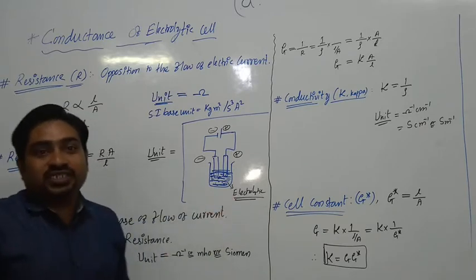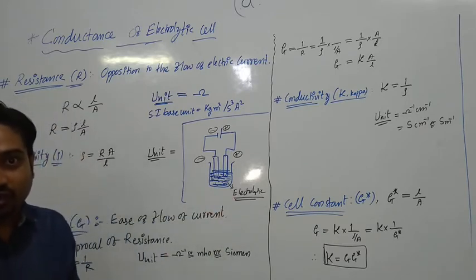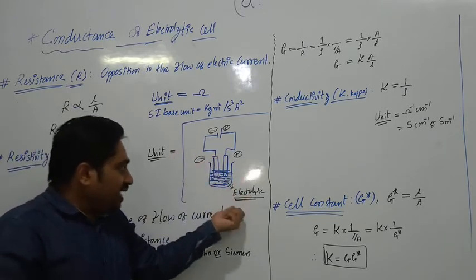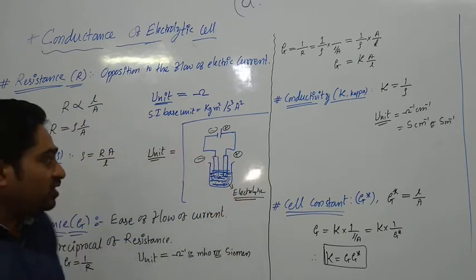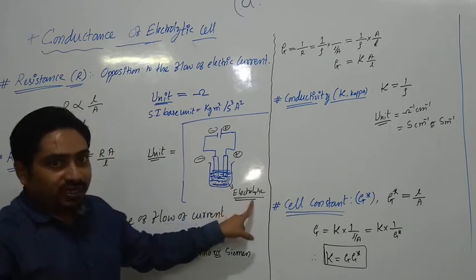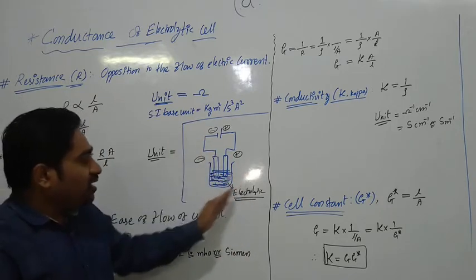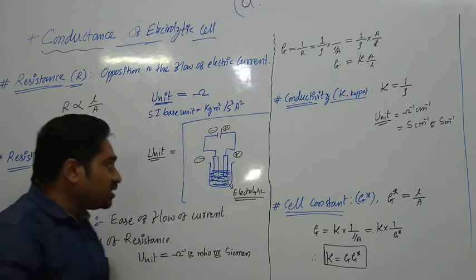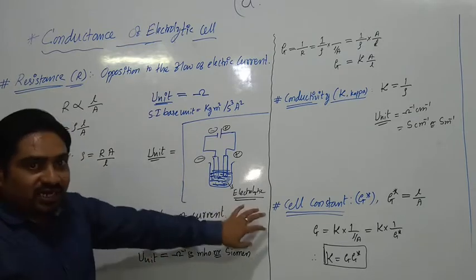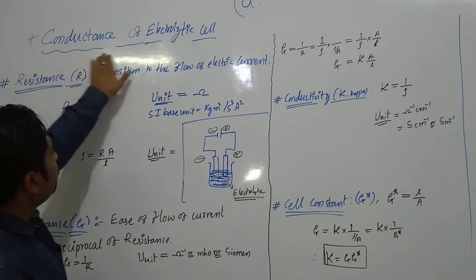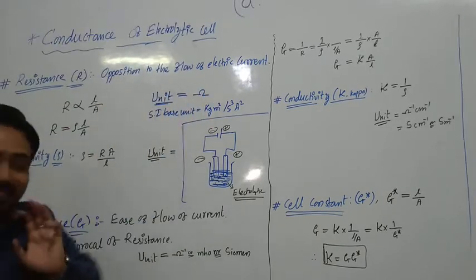If I change the electrolyte, or if I change the concentration of the electrolyte, my electrolysis process changes. Because of that, it is important to understand the nature of the electrolyte, and how on changing the electrolytic solution the electrolysis varies. Because of that reason, I am going to study the conductance of the electrolytic cell.